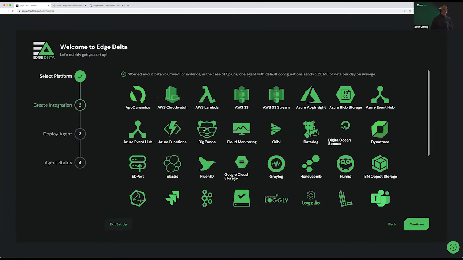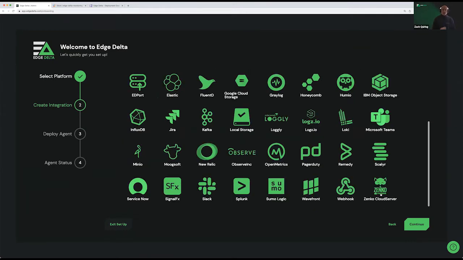If we wanted to, we could also set up the various types of integration. So there's streaming destinations for real-time analytics. There's trigger destinations for alerting or receiving the findings from the platform. And then also those archive destinations that we talked about for routing, for storage and retention and different things there.